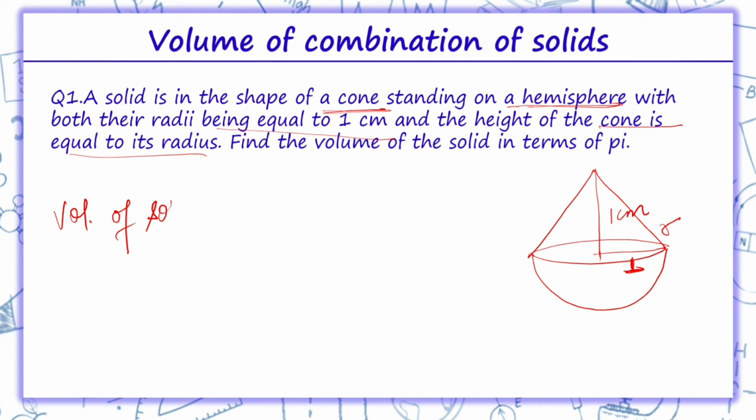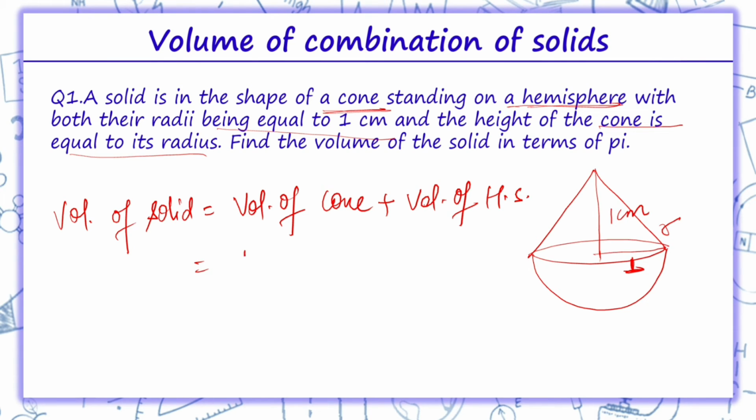So volume of solid is equal to volume of cone plus volume of hemisphere. The formula of volume of cone is 1 by 3 pi r square h plus 2 by 3 pi r cube.